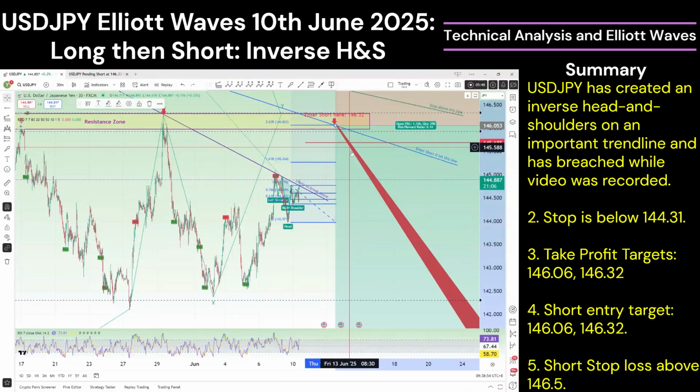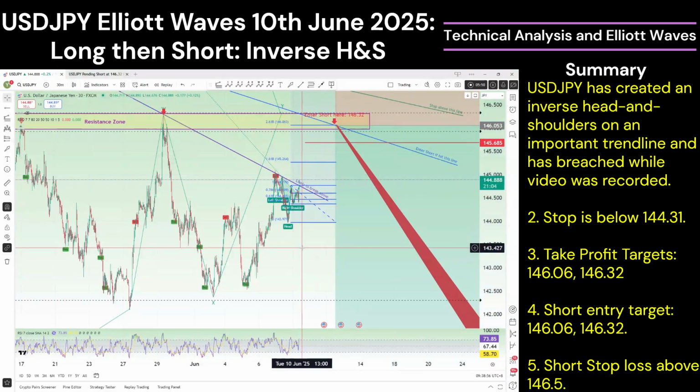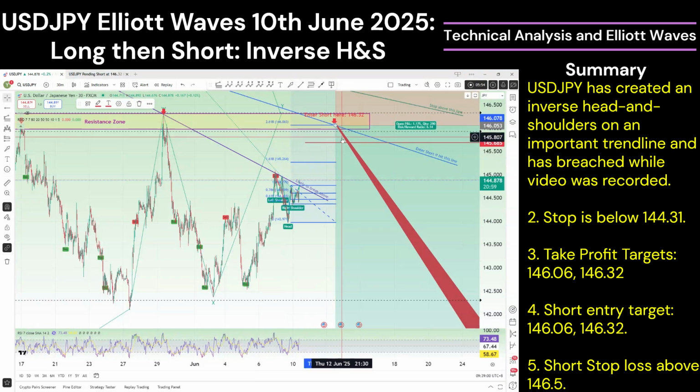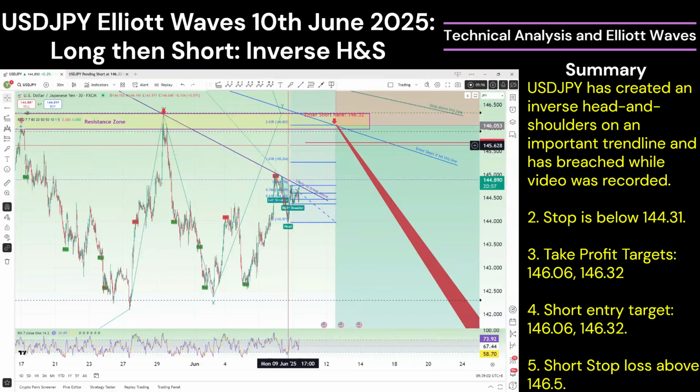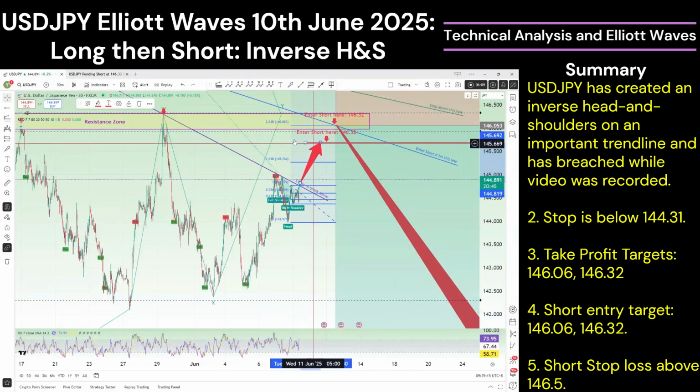So in terms of trading strategy, similarly, it is two points. Let me just copy this and do this, so you have two shorts. And then you have a long. So this is really a long and then short kind of idea.